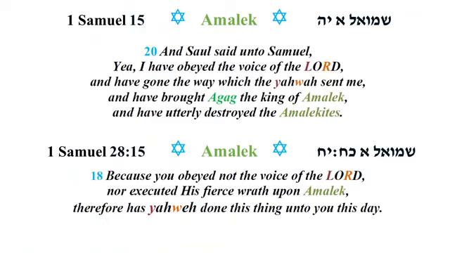They were supposed to kill them all, and he didn't. And Samuel was upset about this. And in 1 Samuel 28:15, it says, because you obeyed not the voice of the Lord, nor executed his fierce wrath upon Amalek, therefore Yahweh has done this thing unto you this day. And he stripped the kingship off of Saul. Saul would no longer be king because he disobeyed the instructions he was given, right? He spared Agag, and he spared all these animals.